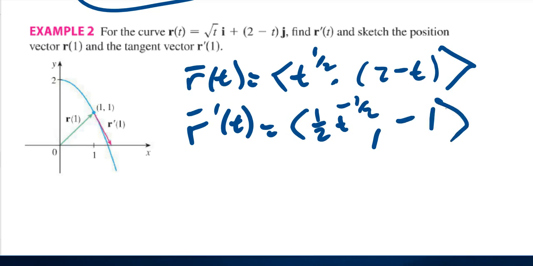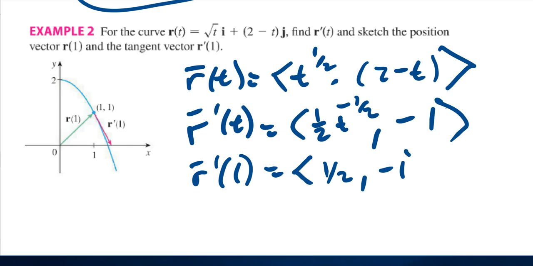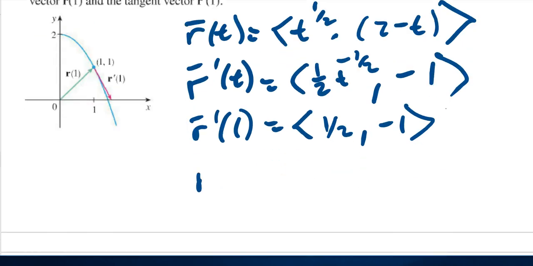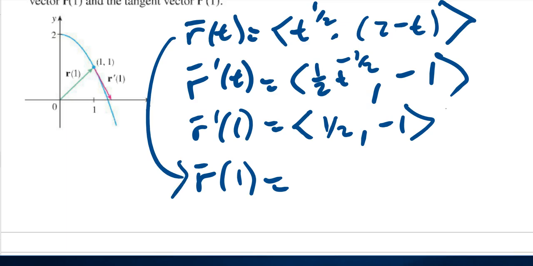And now r prime of 1 would be 1/2, comma -1. All right, let's do r of 1 now, that they want us to do. So I'm going to take this one and do r of 1. So this is just 1, comma 1.